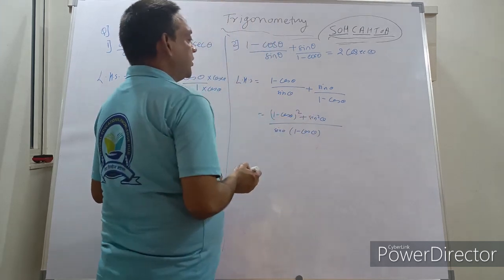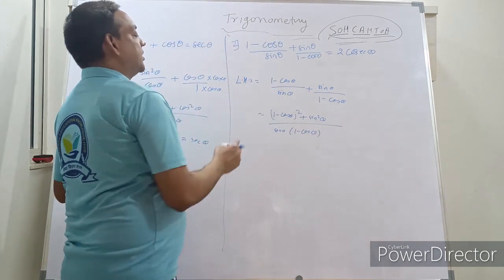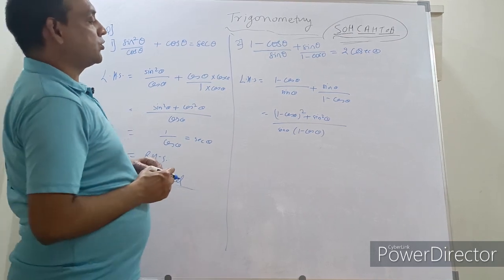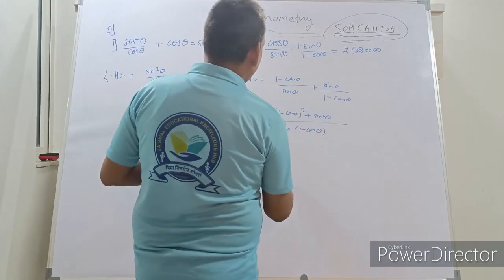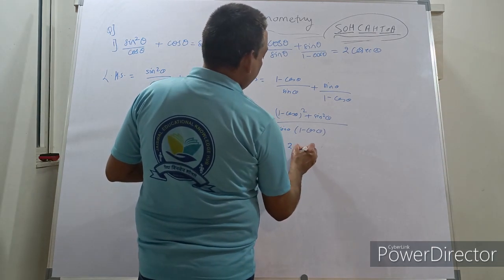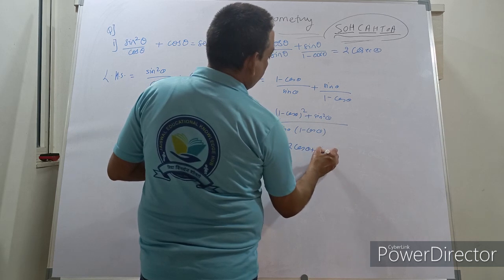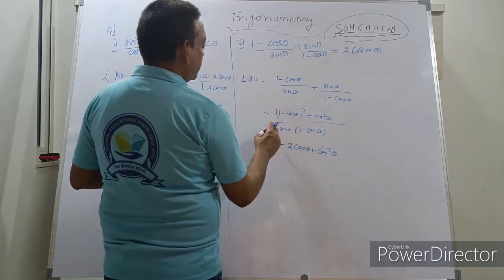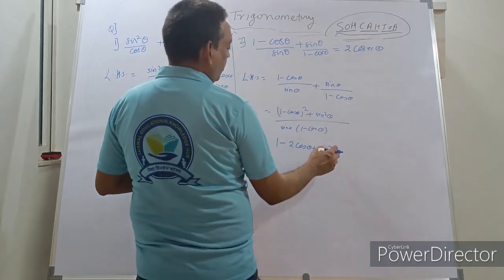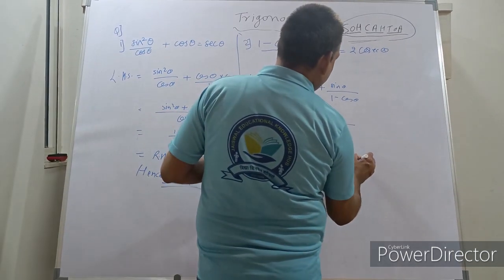Simple it is. What we did here, we cross multiplied, so it becomes 1 minus cos theta the whole square plus sin square theta. Now we have a minus b the whole square, which is nothing but a square minus 2ab plus b square. So 1 square minus 2 into 1 into cos theta plus cos square theta plus sin square theta.